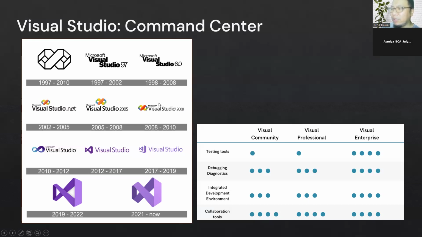These are the logos of the real applications. In 2002 to 2005, we have VB.NET or Visual Studio.NET. Then Visual Studio 2005, 2008, 2010, 2012, 2017, 22, and now the development is ongoing also.